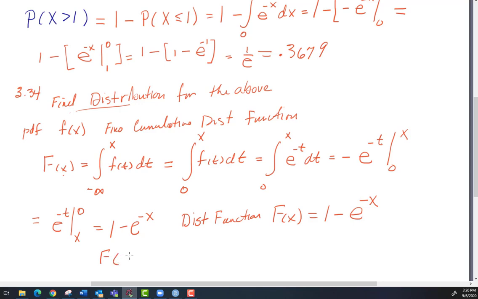F, uppercase F, of course, of x is equal to the probability that X is less than or equal to the x that was in the parentheses there, same x. So let's use this distribution function to calculate the probability that X is less than or equal to 5 and the probability that X is greater than 8.